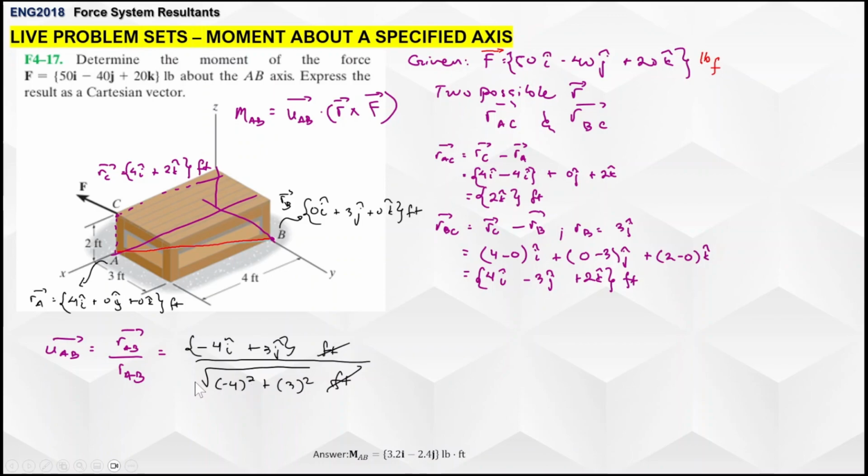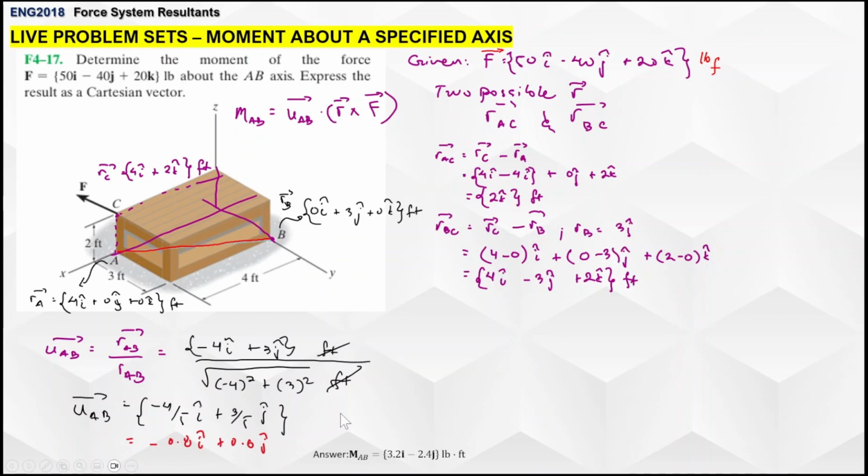You will now have this one, negative 4 over 5 i hat. You can also simplify them into lowest terms. This one is a lot simpler now. Plus 3 over 5 j hat. Okay, or negative 0.8 i hat plus 0.6 j. And these are unitless, so no need for units here or brackets, basically.